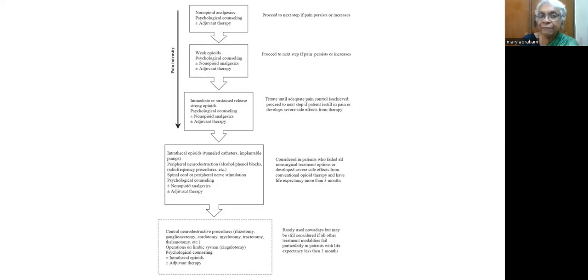That has to be addressed at every step of the ladder. And of course, there are advanced interventions like cordotomy, cingulotomy, tracheotomy. But remember that for these advanced neurosurgical interventions, the risk-benefit ratio is not very good, and the risks will far outweigh the benefits. So these are generally not undertaken even for treatment of intractable pain.